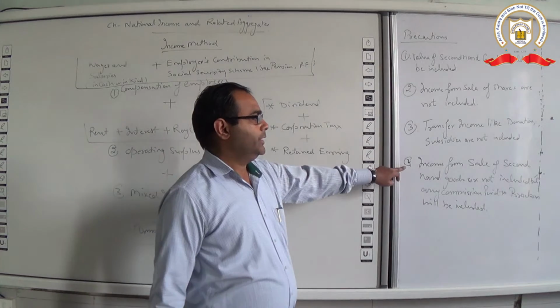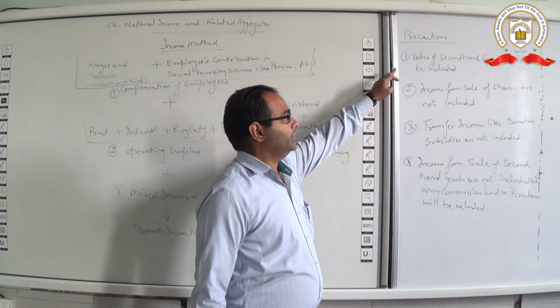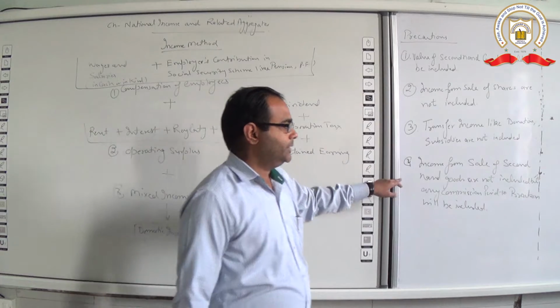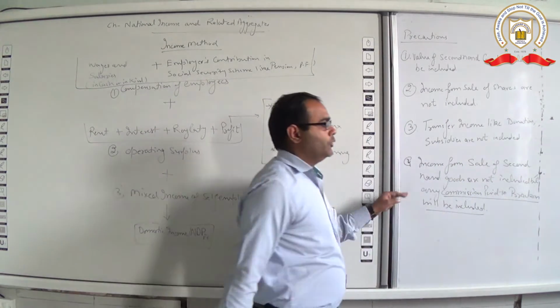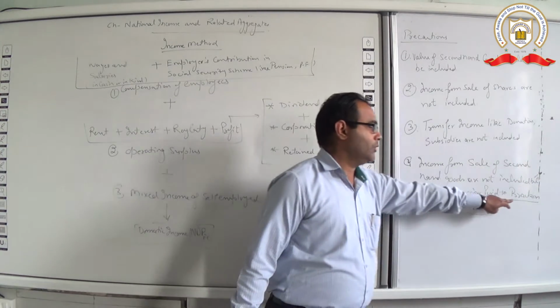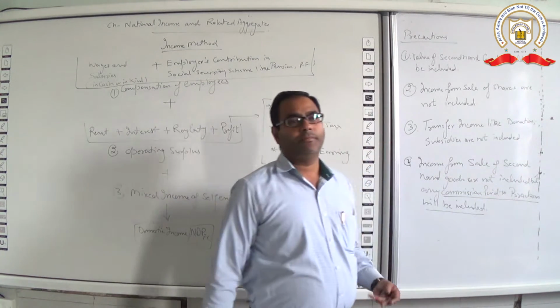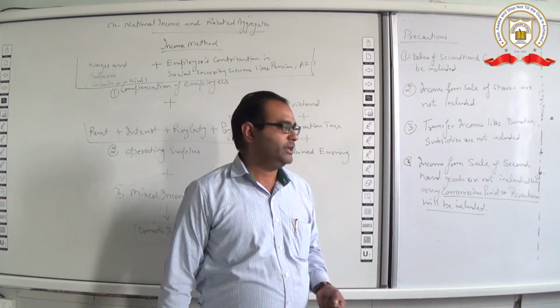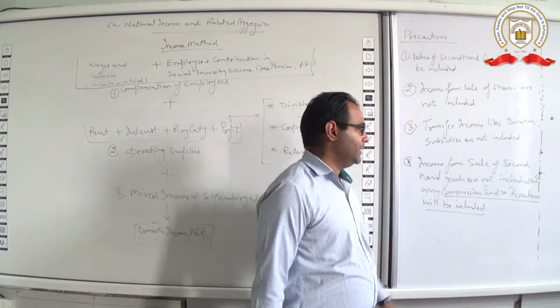This point is already discussed, but the commission paid to the broker for the sale of such goods will be included, because the broker is providing its factor services. So any income received in the form of commission will be included for rendering productive services by the brokers.